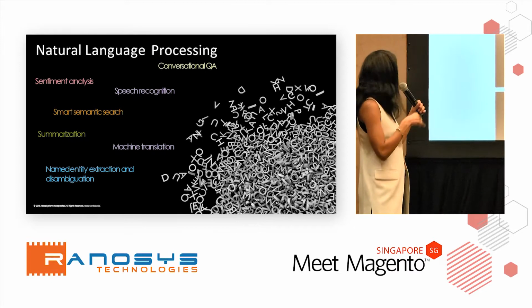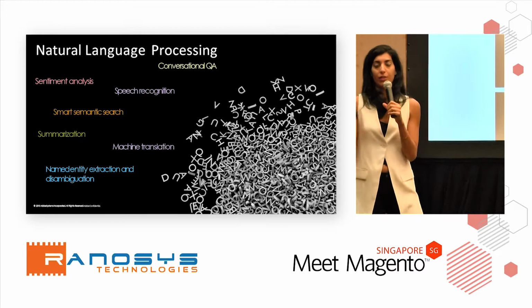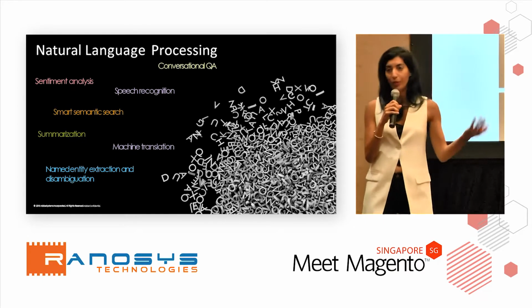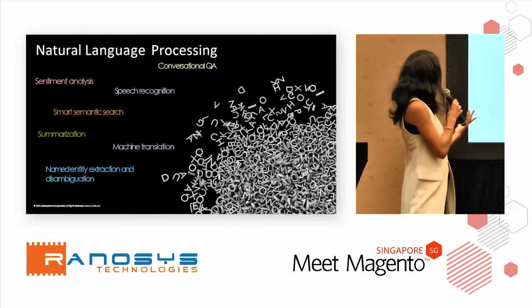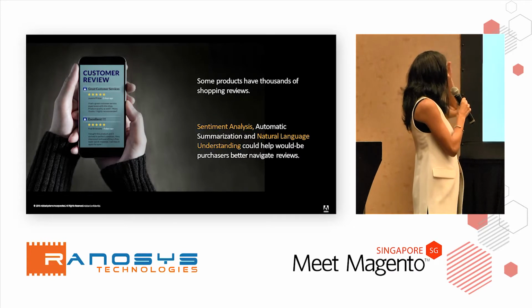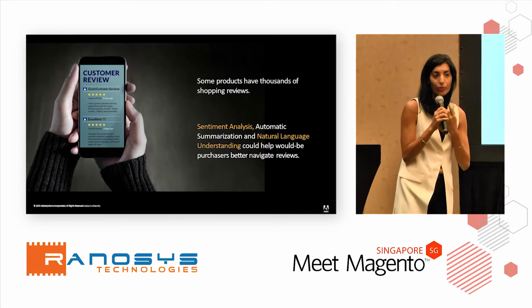Things around semantic search. For example, you type in Apple, do you mean the apple that you eat, or do you mean Apple the company, and so on and so forth. So obviously, an important example for us is customer reviews.